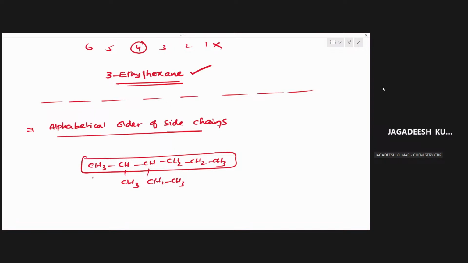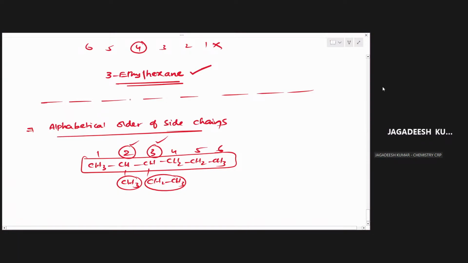After that we should give the numbering. I told you already, when more than one side chain is there, we have to take the lowest set. This is the correct numbering because 2 and 3 are the locants of these 2 side chains and this is the lowest set. I think you can identify the lowest set easily.